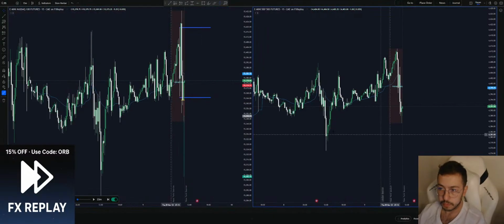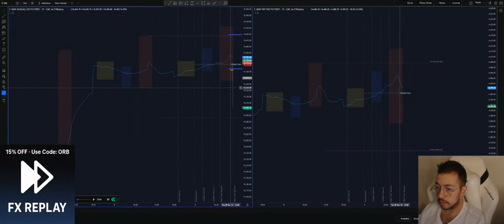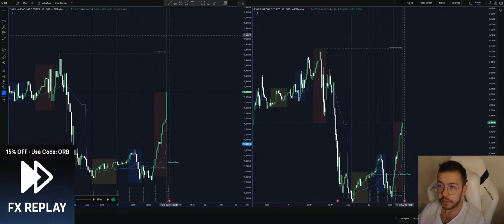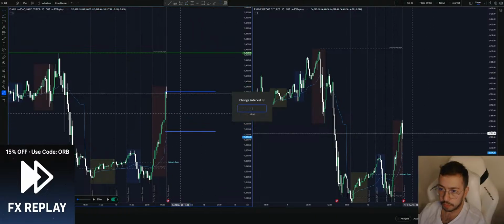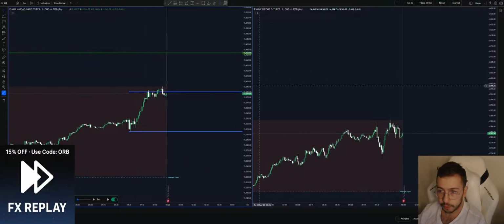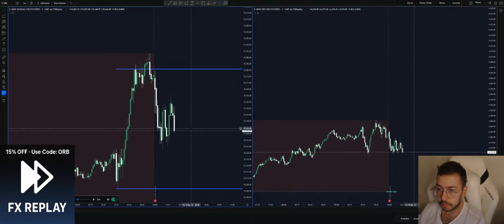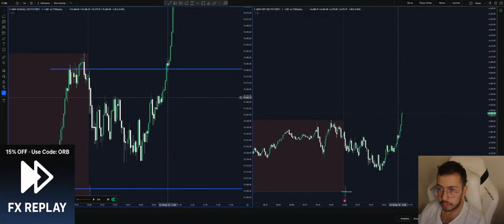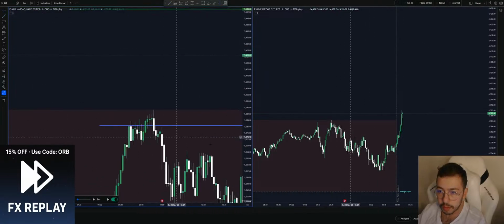Go next. Previous daily high is here. High and the low of the ORB. Pretty simple. Look at this. No, that's a TP. Actually, no, hold up.